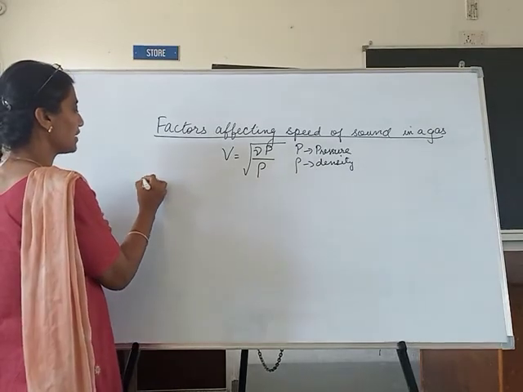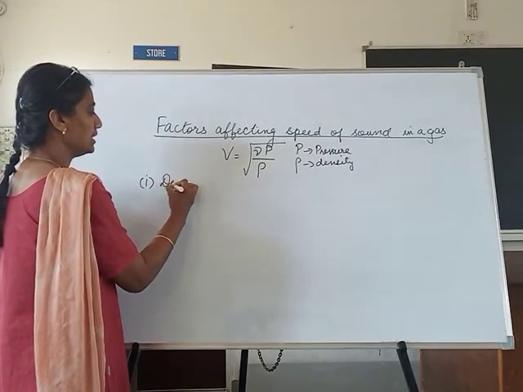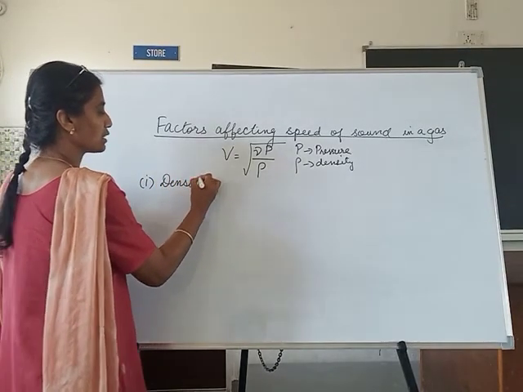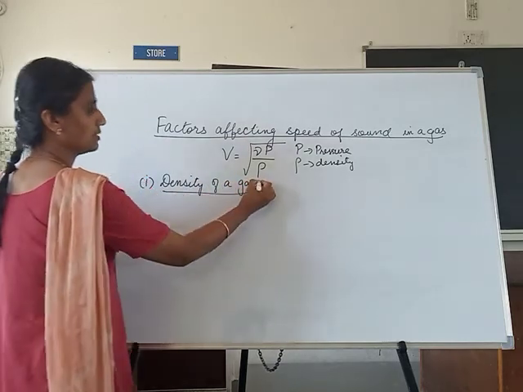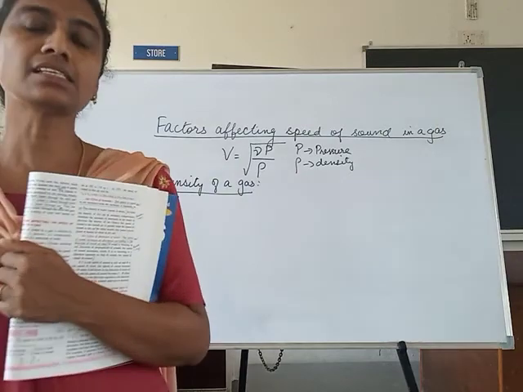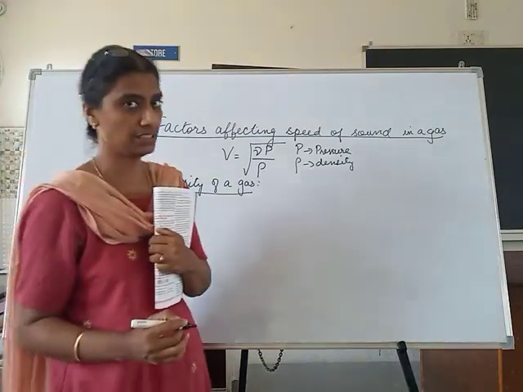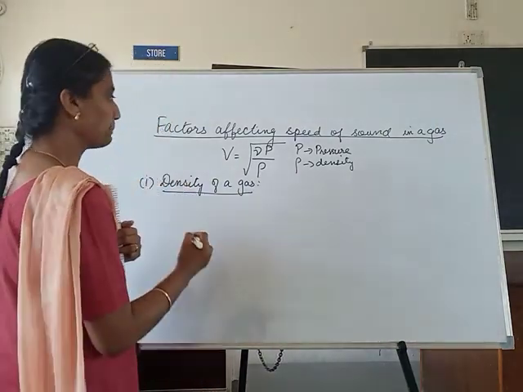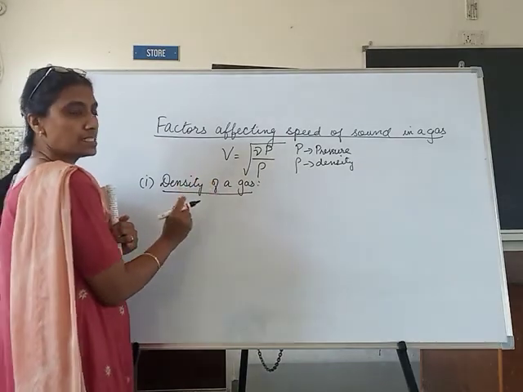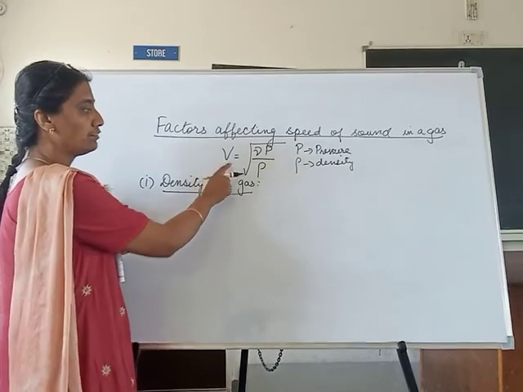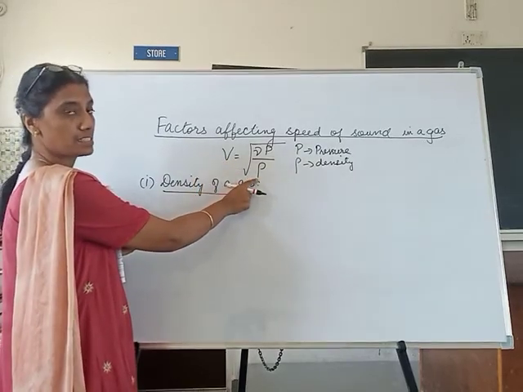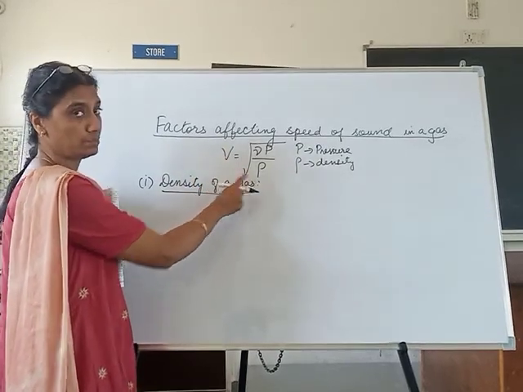The first factor that we are going to see is density of a gas. How does density of a gas affect the speed of sound in a gas? That's the question. To understand that, we have to see the formula. Where is density in the formula? It is in the denominator.